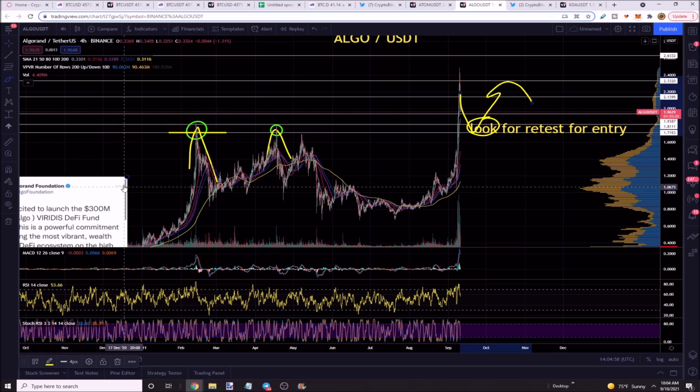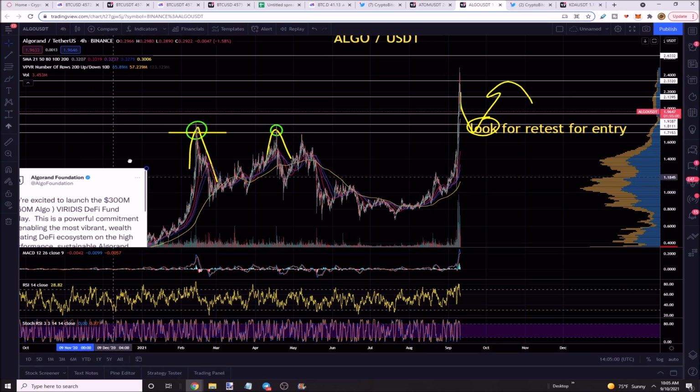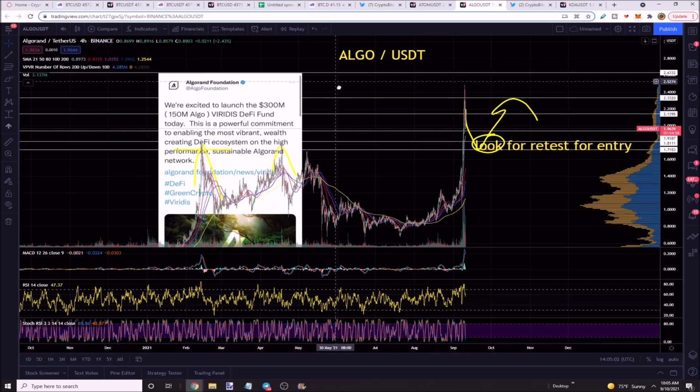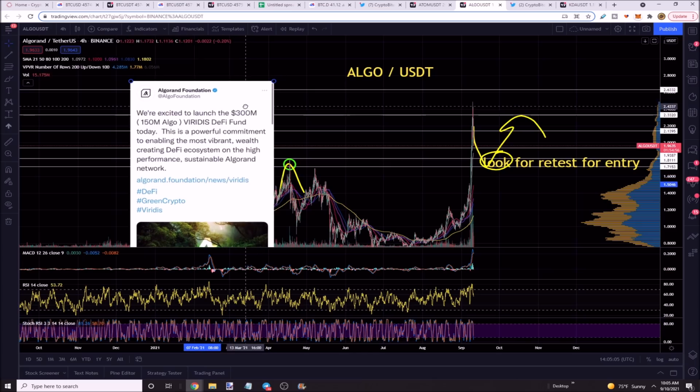So you're paying attention to Bitcoin the whole entire time. Bitcoin's going to give all these altcoins direction. But ALGO comes out with this news, and they have launched a $300 million Virtus DeFi fund today. It's a powerful commitment to enabling the most vibrant, wealth-creating DeFi ecosystem on a high-performance, sustainable Algorand network.